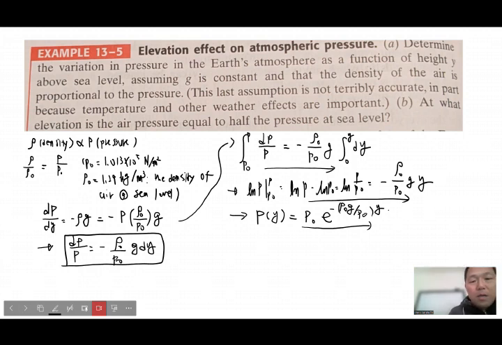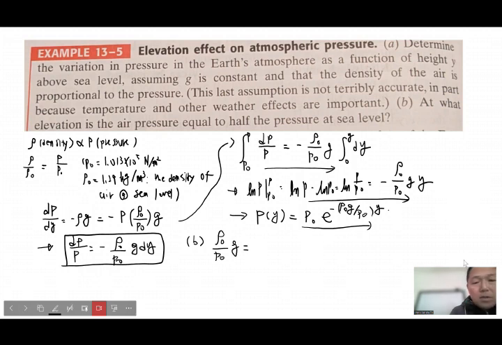So for part B, we plug the numbers of the condition into this formula. Let's look at the coefficient just before the variable y. That is rho naught over P naught times g.